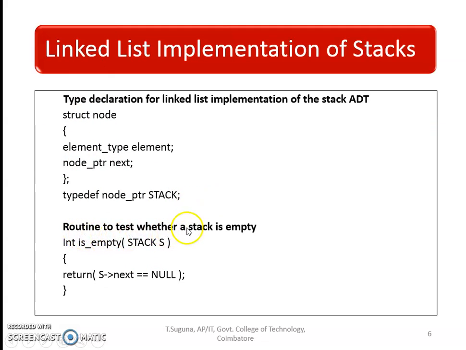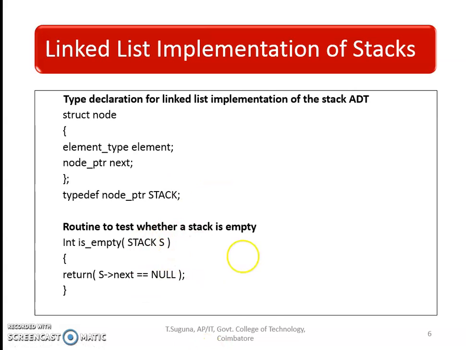Routine to test whether a stack is empty. Here we are going to check whether the stack is empty. This condition is mainly focused on performing a pop operation, because the pop operation is going to delete the element from the stack. If the stack is empty, then we cannot perform the delete operation or pop operation. So before doing a pop operation, we have to check whether the stack is empty or not.